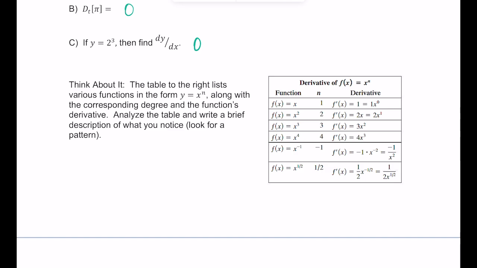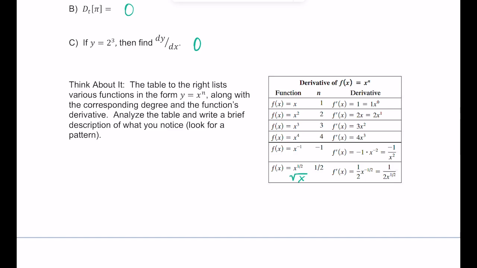For x to the negative 1, negative 1 times 1 is negative 1, and then when you take 1 away, negative 1 minus 1 is negative 2. Remember that when you have a negative exponent, it's proper to place it on the bottom to make it positive, so it's just negative 1 over x squared. For x to the 1/2 power, you have a rational exponent there, and the rational exponent is also a radical, so this is also equivalent to writing the square root of x.